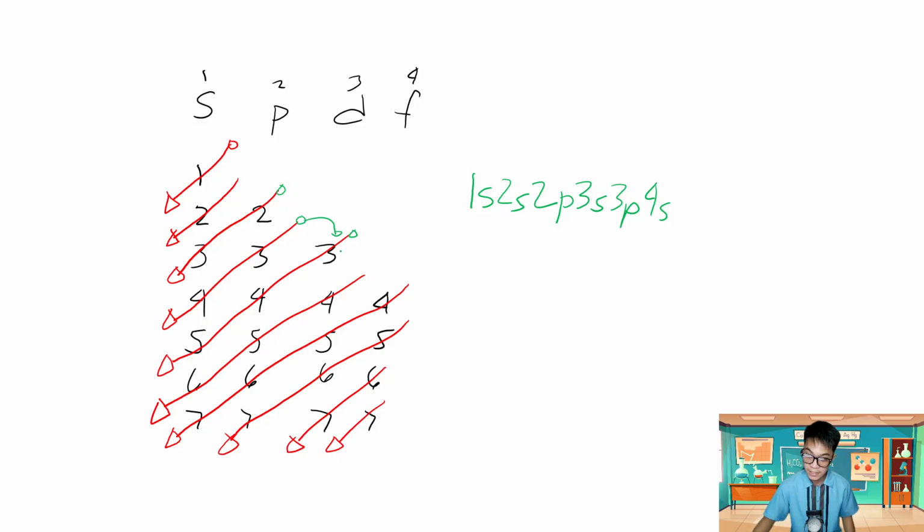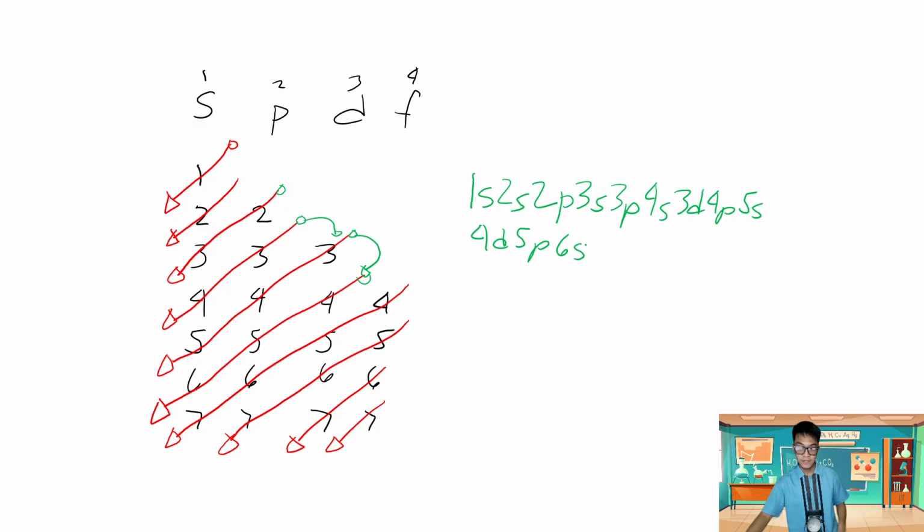So that's 3D, 4P, and 5S. And proceed to the next one. I'll just put it here down below: 4D, 5P, and 6S.